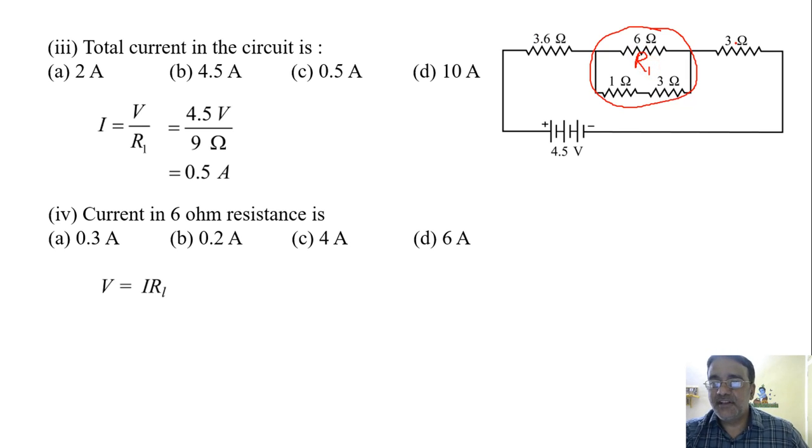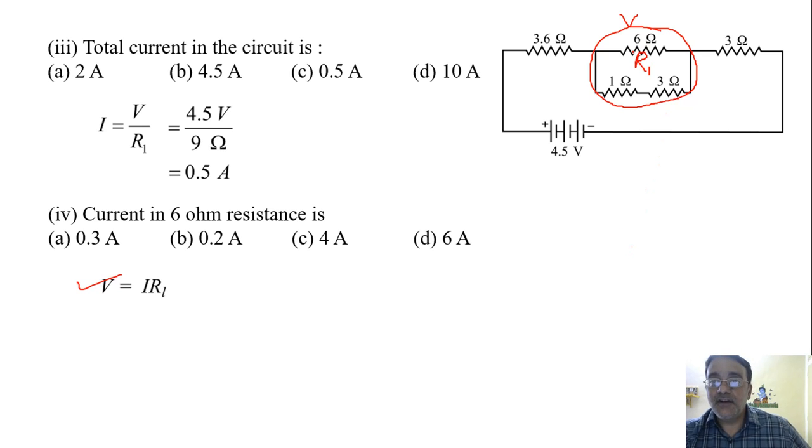So these three resistances are connected in series, and we know that in series voltage is divided according to the resistance. So here we are getting some voltage. So we will use this formula to find out how much voltage we are getting here.